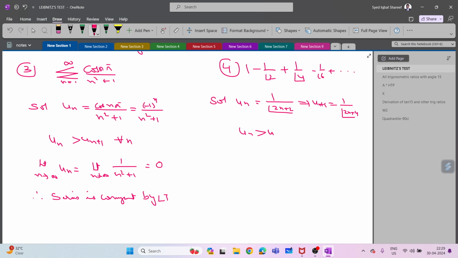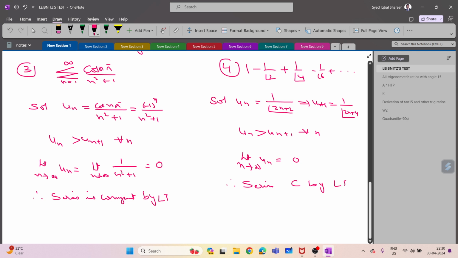So un is greater than un plus 1 for all n. Now the limit as n tends to infinity of un equals 0. Therefore, the series is convergent by Leibniz test.